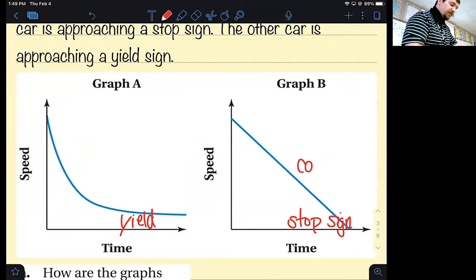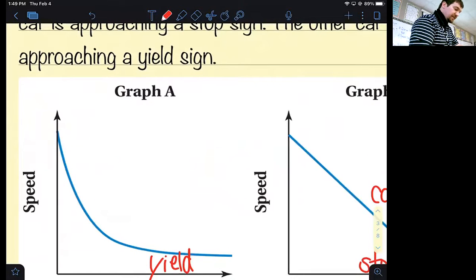Now it has a constant rate of change, just like the last line we looked at. This one is also a variable rate of change, graph A, but as you guys have said, this one is decreasing at a decreasing rate.